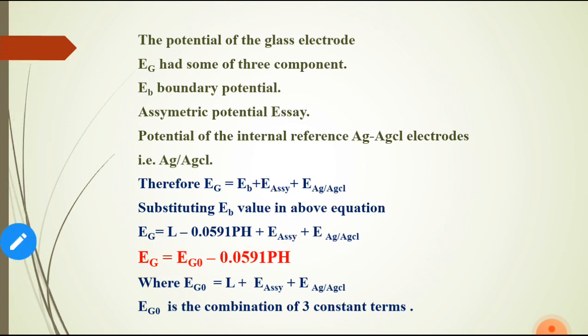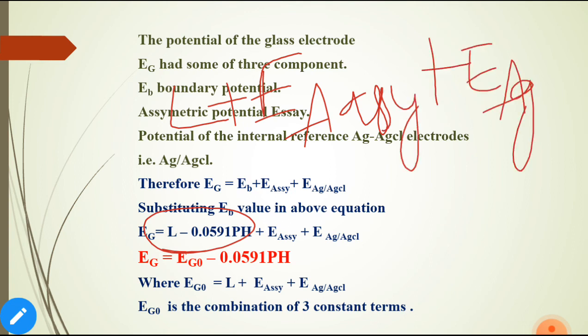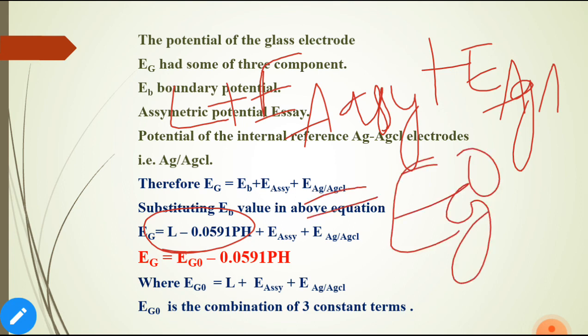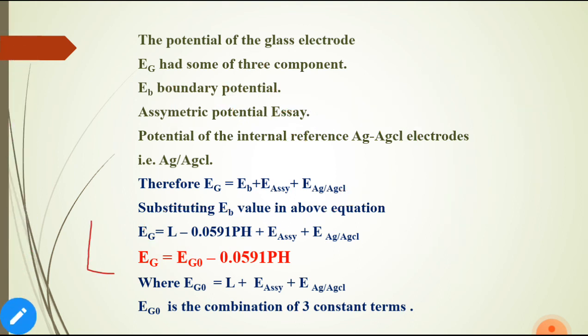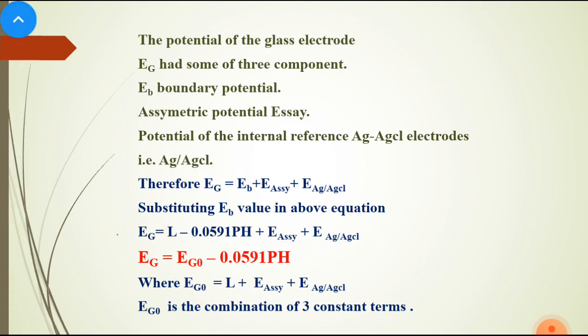Then we take L plus the asymmetric potential plus E of the internal reference electrode AgCl as Eg naught. Finally, Eg equals Eg naught, the three components L, E asymmetry and AgCl, minus 0.0591 pH kept as it is. This is the final equation of the glass electrode.